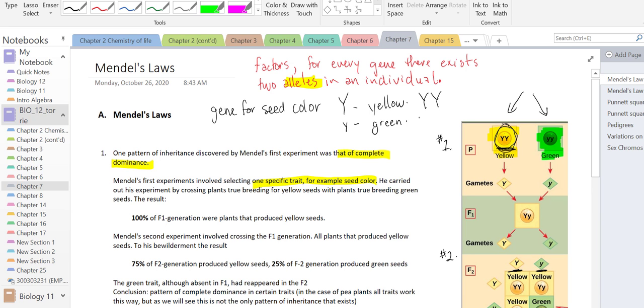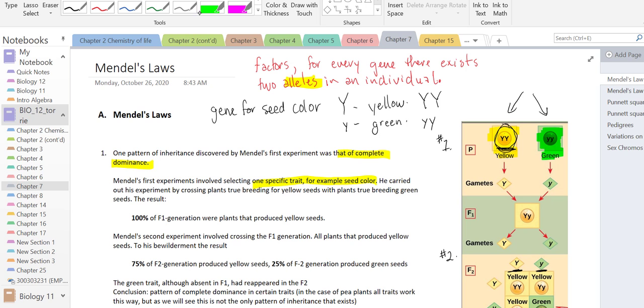Similarly, the green plant, which would be lowercase y, and again, he could show that plants of this nature, if they were true breeding, would always produce plants that had green seeds. So his goal was to look at what happens when you cross a pure breeding yellow producing seed plant with a pure breeding green seed plant.